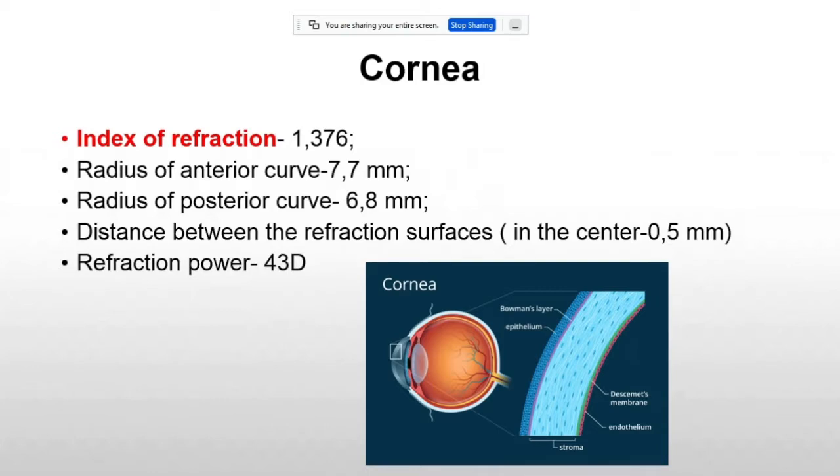So the cornea has the higher refraction power, average 43 diopters. It can be steeper, like 46 diopters, or the cornea can be flatter in some eyes, for example 39 diopters. But the average refraction power of this main refraction structure of the eye is 43 diopters, and it is the cornea.